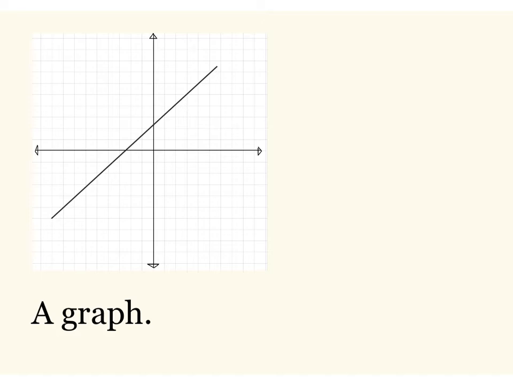Now, in this graph, if you'll remember that the coordinate plane is set up in terms of the horizontal axis is referred to as the x-axis. The vertical axis is referred to as the y-axis. So if we select points on the graph, then we can make ordered pairs that will go with these values.